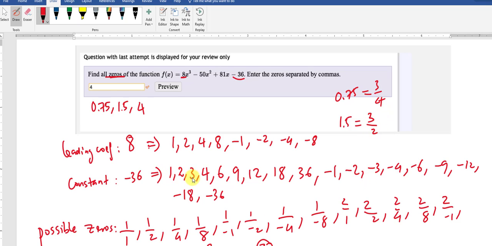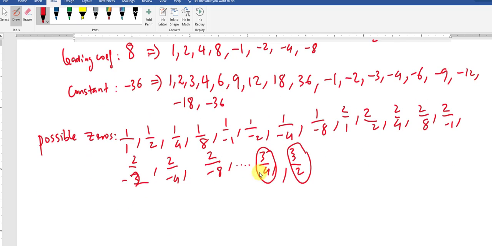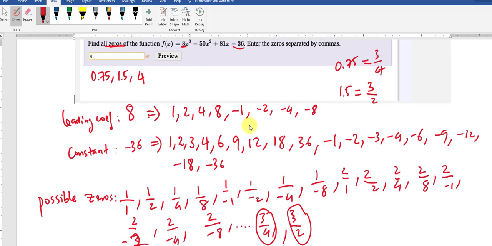And if you keep going, this is 3 divided by 2, also one of your factors. And then also the 4. If you take the ratio between 4 and 1, it also gives me 4.